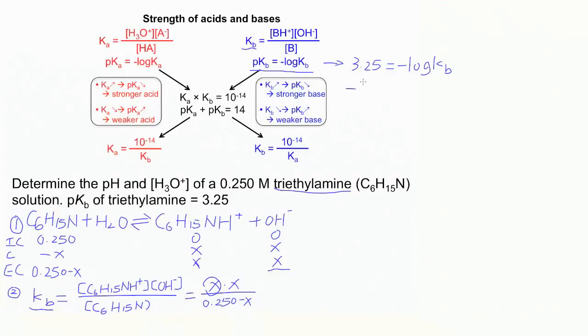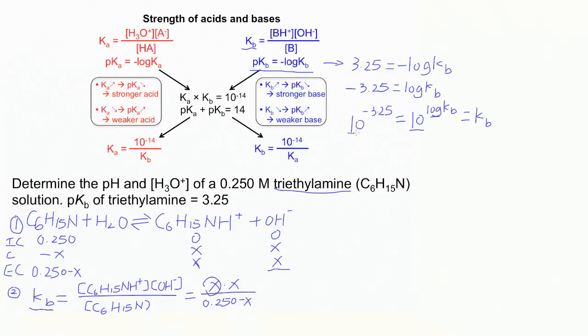First thing is you multiply by negative 1 on the two sides. So that gives you this equation. And then the next thing that you do is raise the two sides to the exponent position of 10. So 10 is a base. 10 to the negative 3.25 equals 10 to the logarithm of Kb, because 10 to the log of Kb equals Kb.